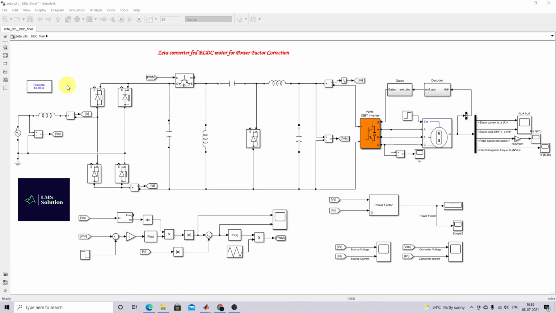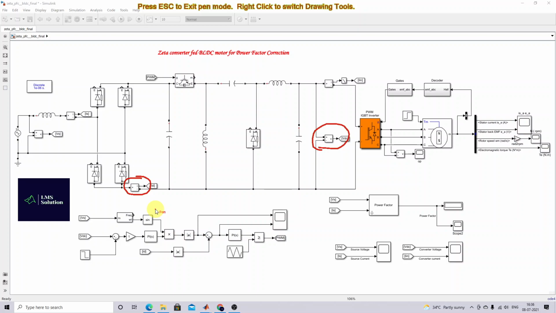Here we are going to apply two loops. One is the output voltage control, that means voltage control at the theta converter output end. We control the output voltage of the theta converter, and then we use current control of the diode rectifier.